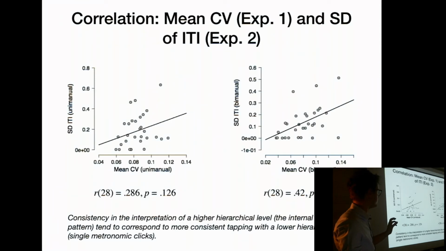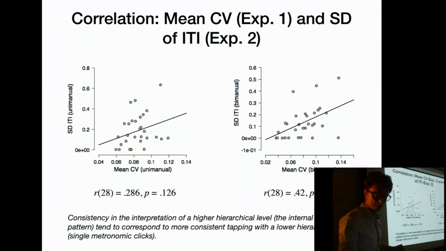So there's perhaps this correlation between the interpretation of hierarchical features of the patterns in the second experiment, and more consistent tapping with lower hierarchical metrical levels in the first one.